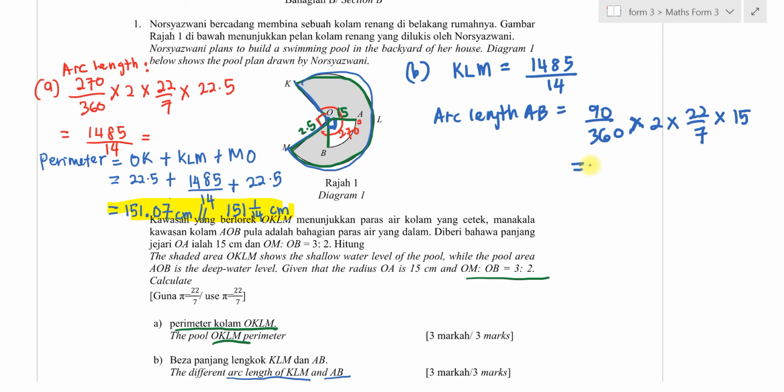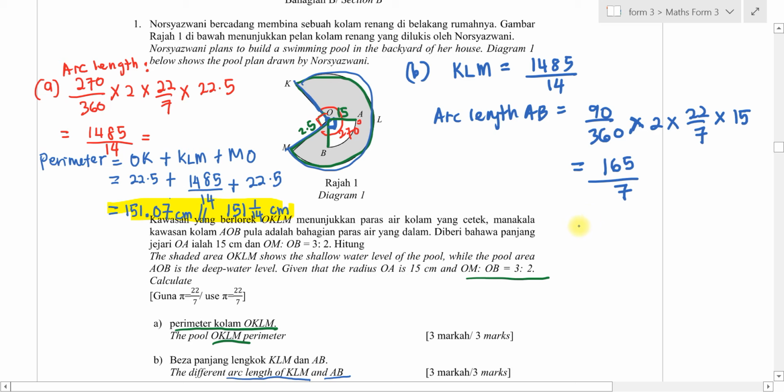So 90 times 2 times 22 times 15 divided by 360 times 7. So I'm getting 165 over 7. Sekarang dia tanya apa? Perbezaan, right? Just tolak je lah.